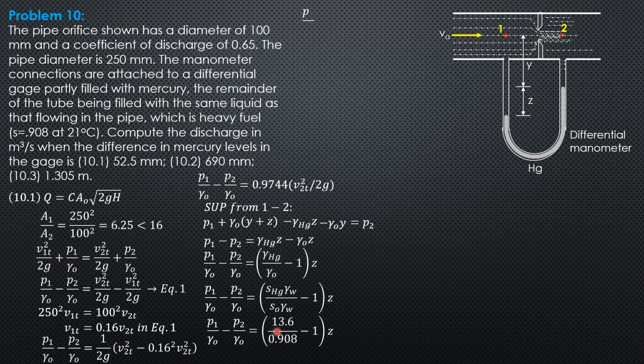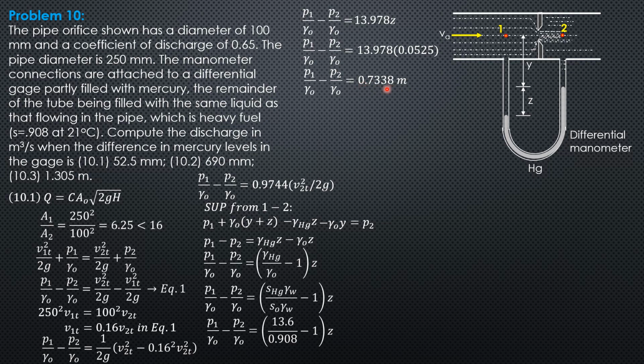So we compute that value, and this difference in pressure heads between 1 and 2 is equal to 13.978 Z. So for the first case, we substitute Z equals 0.0525 meter of mercury, and therefore the difference in pressure heads equals 0.7338 meters.